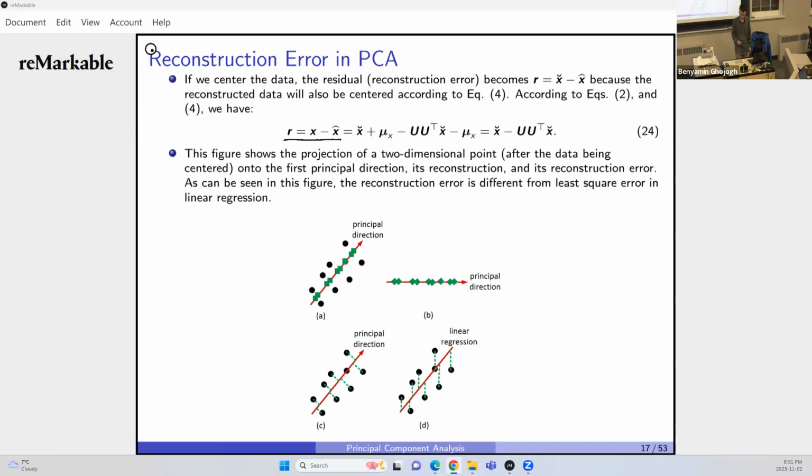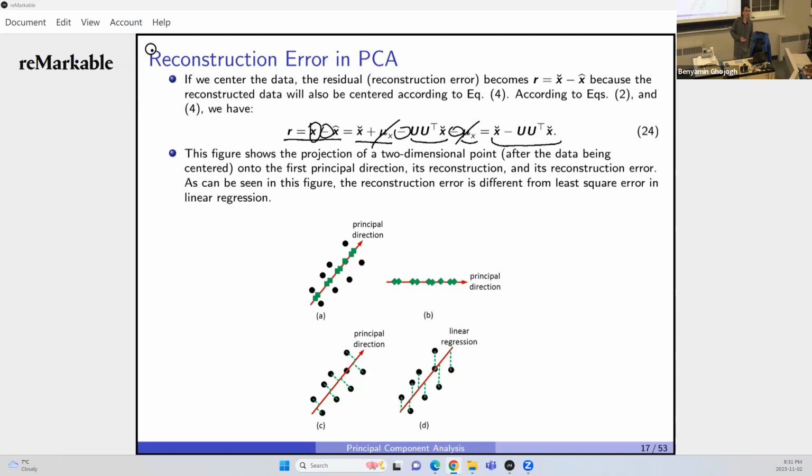At least in PCA, x can be written as x breve plus mu, where x breve is without mean. And x hat is UU transpose x breve plus mu. But I have minus here, so these two mu cancel each other. As a result, the residual reconstruction error can be seen as x breve minus UU transpose x breve. Okay?